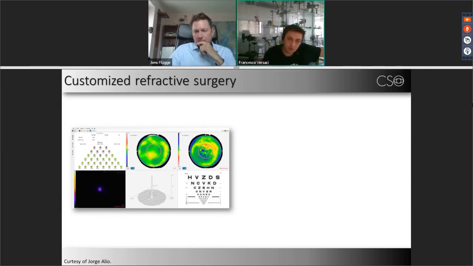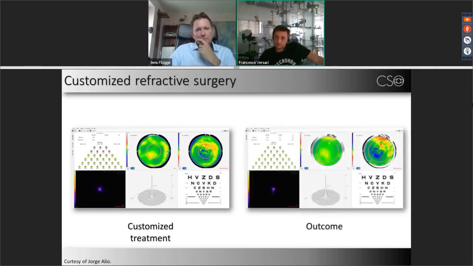So he decided to go in by removing those components for a customized treatment, and the treatment ended up like this. So you can see how similar is the achieved outcome respect to the theoretical outcome of the device.